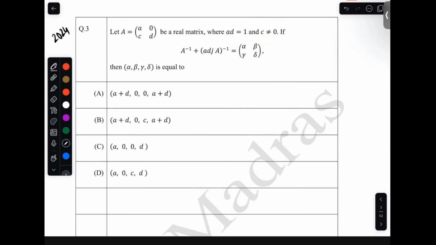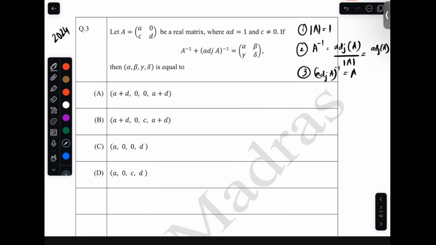So we have number 1, determinant of A is equal to 1. The second, we know that A inverse is equal to adjoint of A divided by determinant of A, which is nothing but adjoint of A here, because determinant of A is equal to 1. So what does it imply? It also implies, therefore, adjoint of A inverse is equal to A, right?